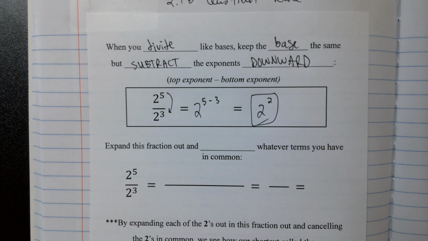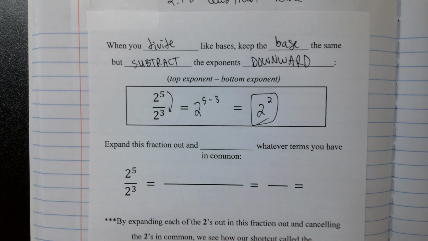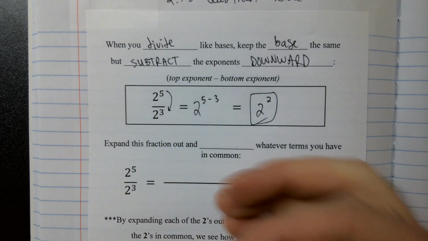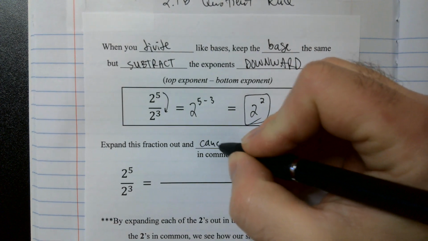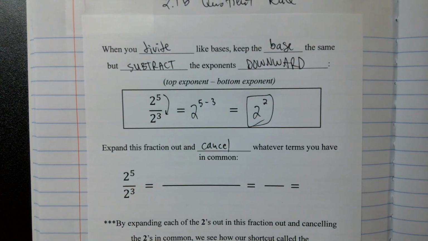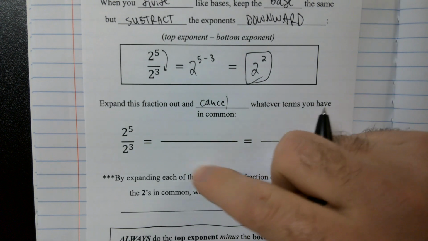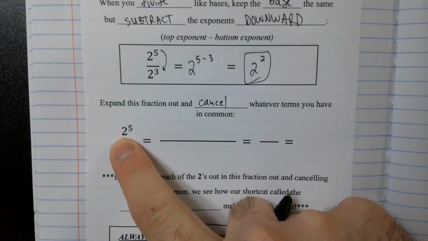You just subtract down. What we're technically doing here, or if we want to see what we're doing, we can expand this fraction out and cancel whatever terms we have in common. So let's look at my numerator. I've got 2 to the power of 5.